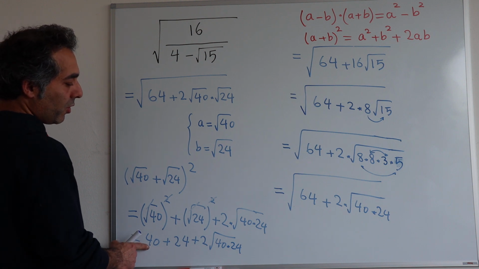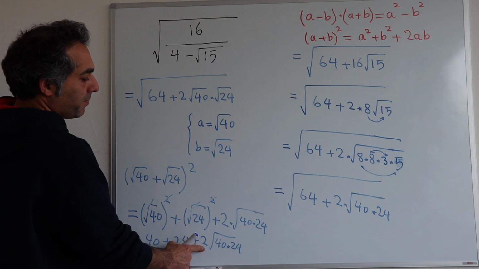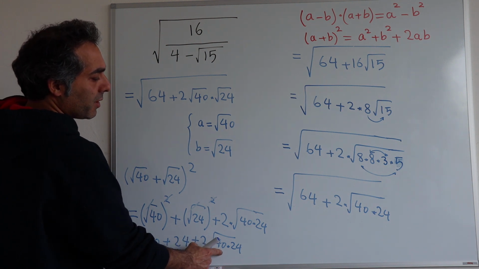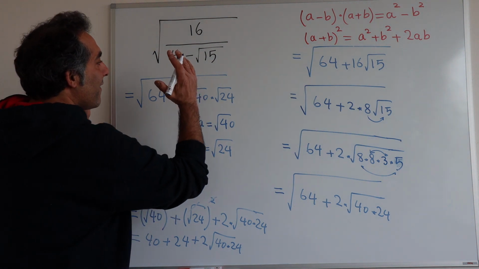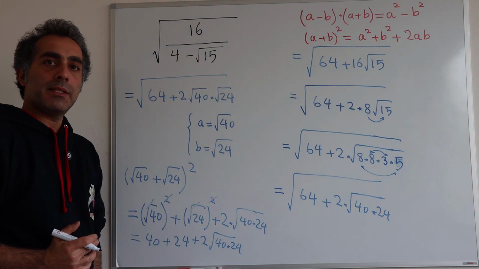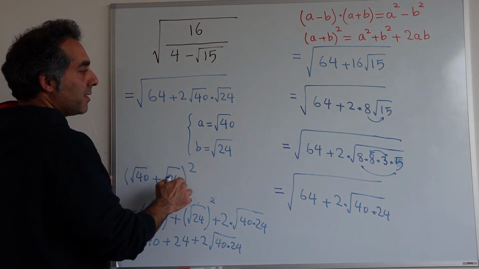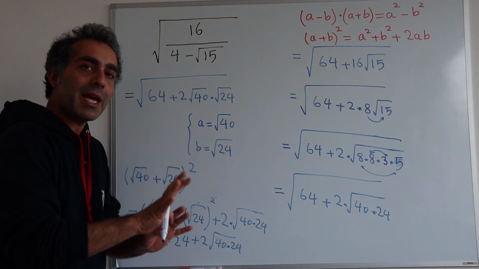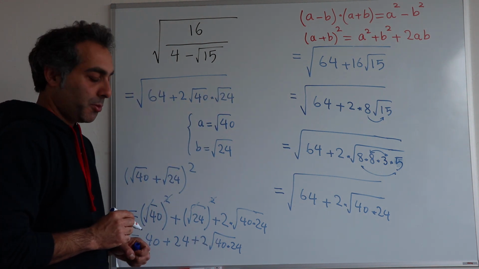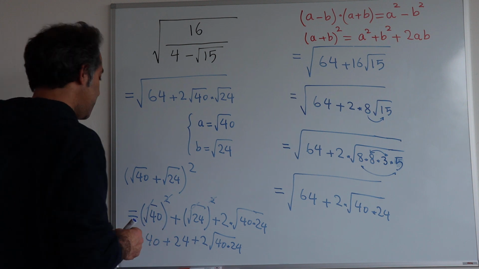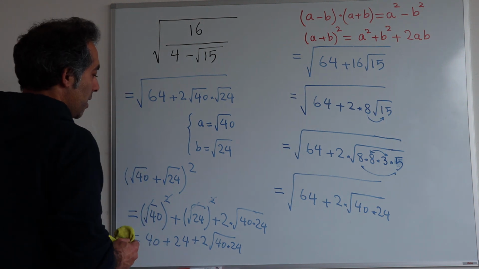And you can see 40 plus 24 is 64 plus 2 times 40 times 24. So we have exactly this expression here. So this pair exactly fits with our main expression here, and I can see that is our answer.